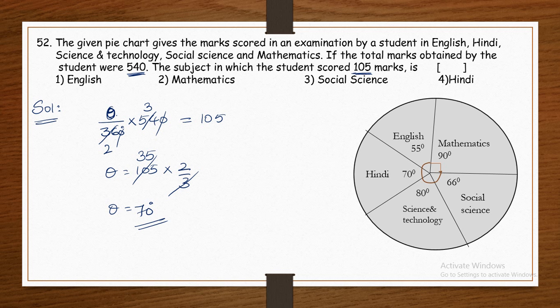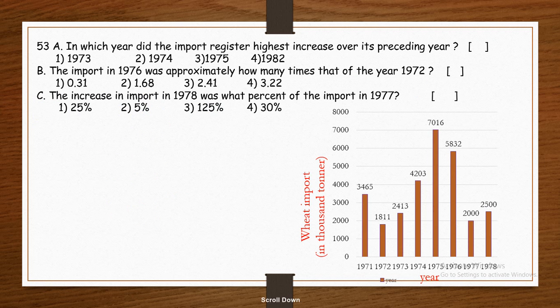From the options, the one giving 70 degrees belongs to Hindi. That means in Hindi he got 105 marks. So clearly the answer is Hindi. Likewise you can find out for the remaining subjects. The marks obtained in the remaining subjects also we can obtain in the same way. Okay, next moving on to question number 53.